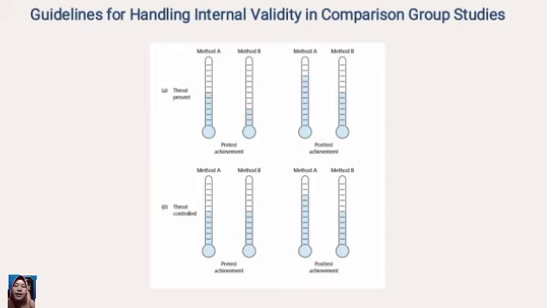Thus, the differences in pre-test achievement account for the differences on the post-test. In diagram B, subjects receiving method A performed higher on the post-test but didn't perform higher on the pre-test. Thus, the post-test result cannot be explained by or attributed to different achievement levels prior to receiving the methods.